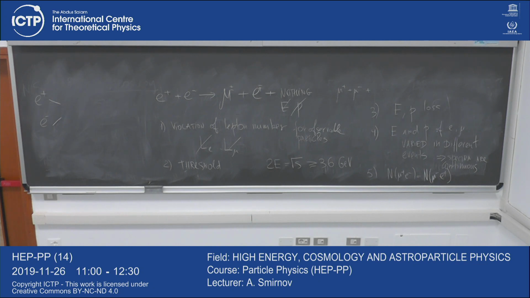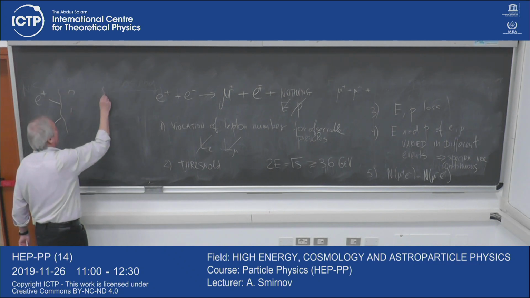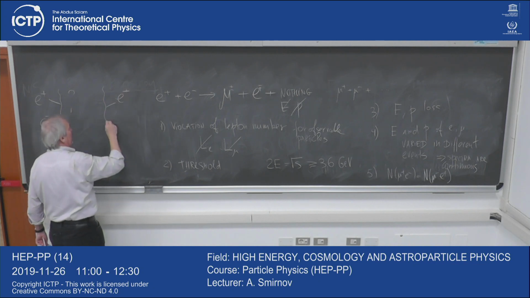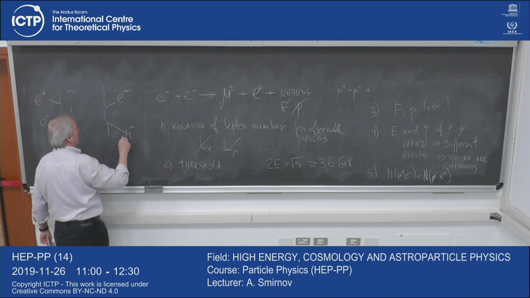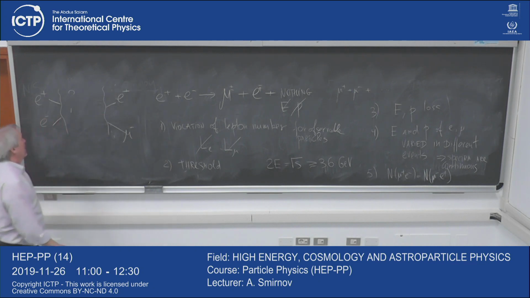So again, this is the beginning, right? And then something happens, and I have say e plus and mu minus, and maybe something else. So this is what I see, and then I want to have an interpretation of this event.